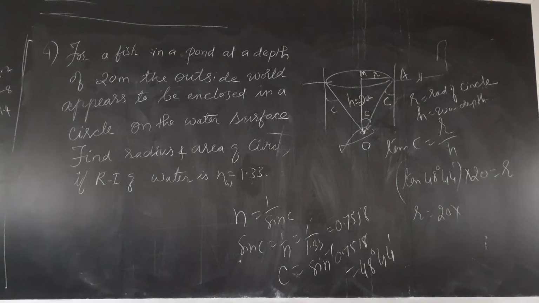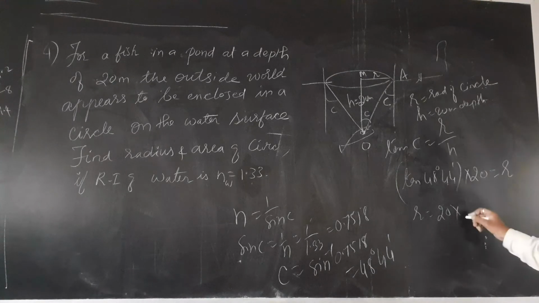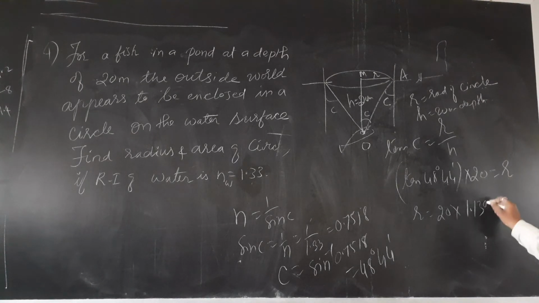Tan 48 degrees 44 minutes is 1.1396. Multiply these two.